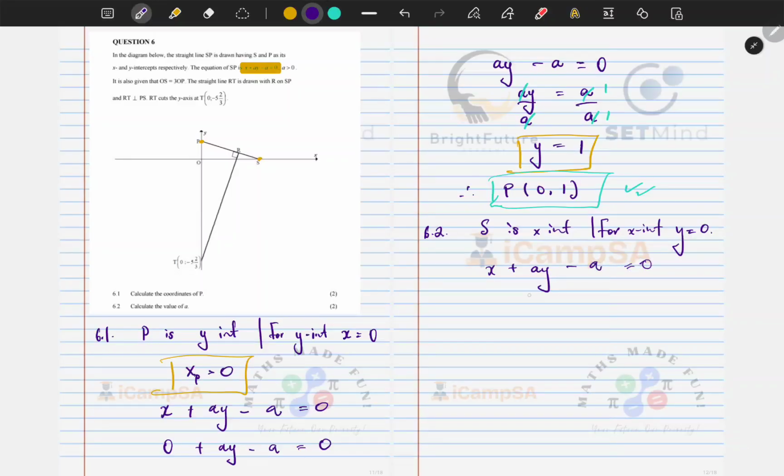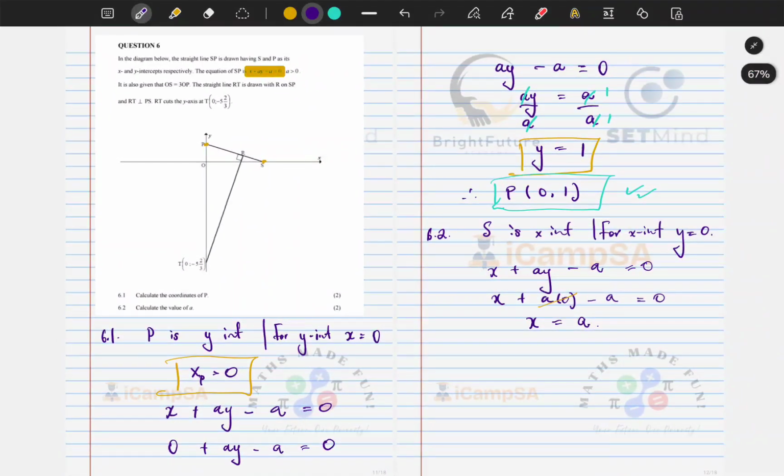Remember, y is equal to 0, so it's going to be x plus a into 0 minus a is equal to 0. So this and that will cancel. You are going to have x minus a, and when you transpose a, it's going to be positive a. So we have x equals a.